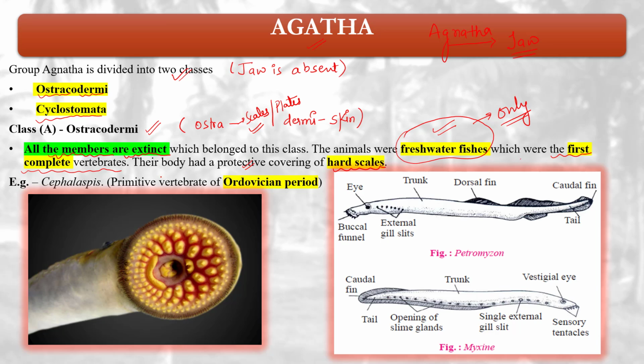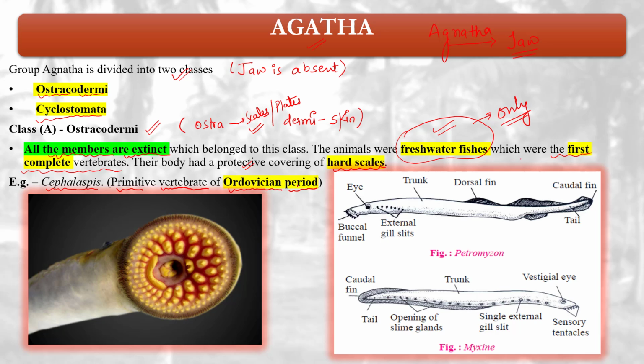Examples are Cephalaspis. Cephalaspis is a primitive vertebrate of the Ordovician period.